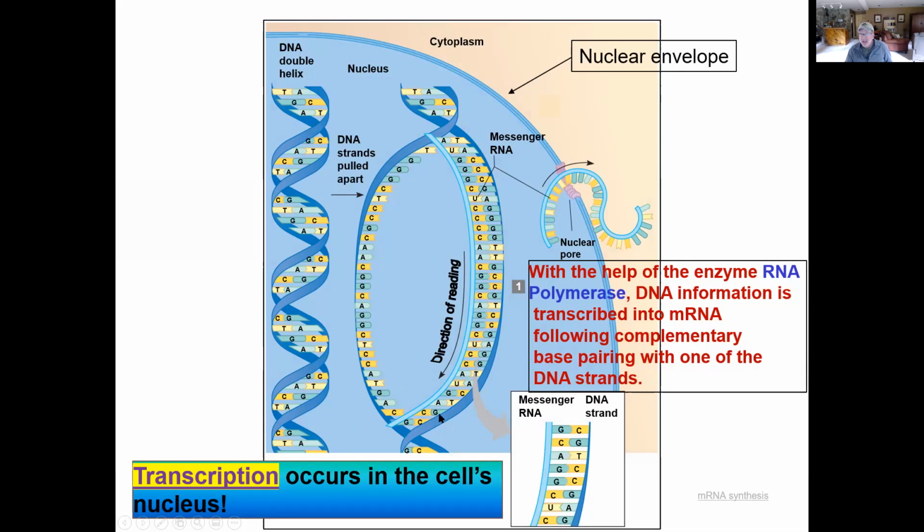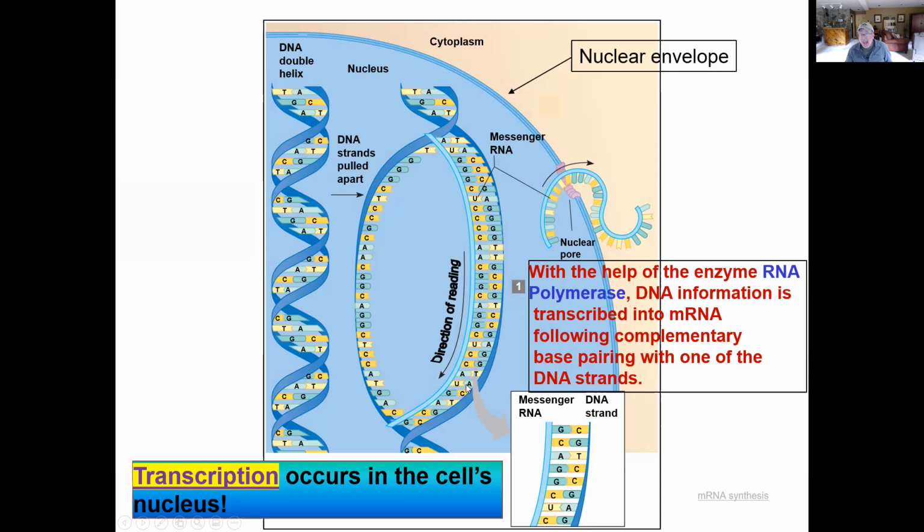So if we have a G here of DNA, we will be bringing in an RNA nucleotide that's carrying cytosine. If we have an exposed T rather, then we'll have an RNA nucleotide that carries the base A. So we're following the complementary base pairing rules until we get to this scenario.